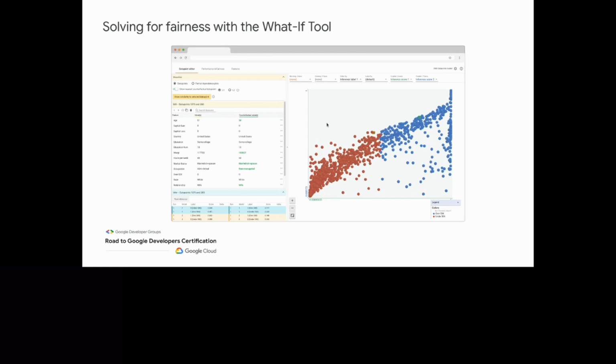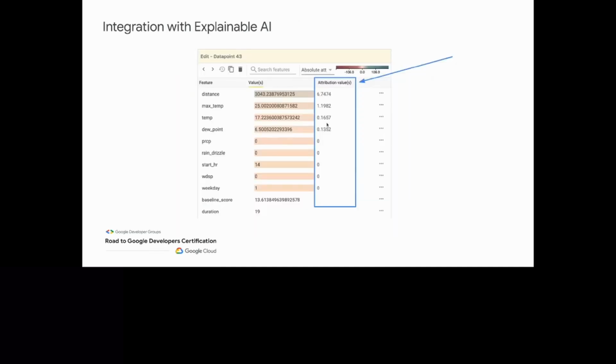That can show you what your model thinks, and this is a really great tool for making these sorts of changes. And it also gives you attribution values, the equivalent of an attention map, showing how responsible a particular feature is in the decision that was arrived at.